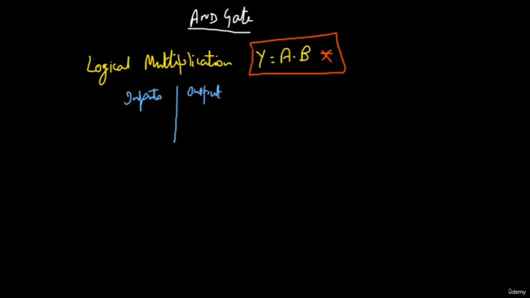Well, before going to input output, let me also draw its symbol. So its symbol is like this, and obviously it is the traditional symbol that I am drawing on the left side of it, and on the right side of it I'm going to draw its symbol that is given by IEC. So the IEC symbol is something like this.